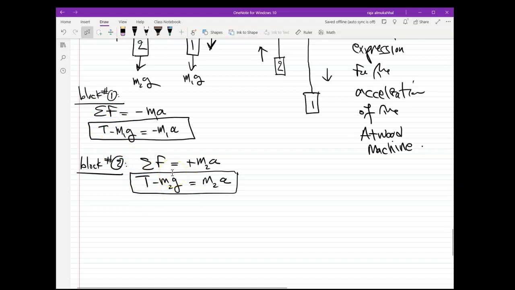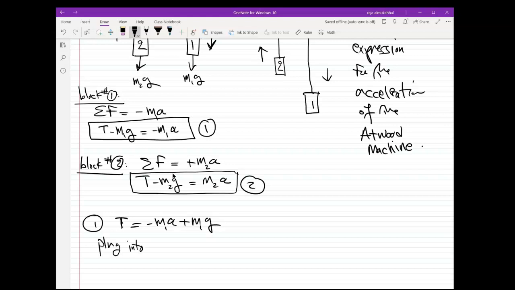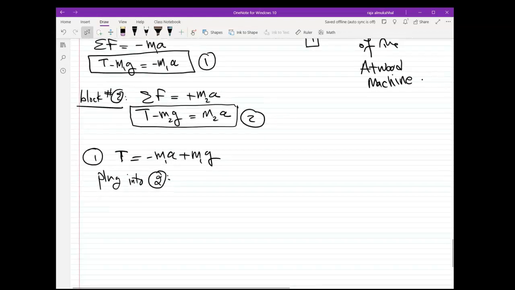In other words, I can start with block number 1. I'm going to call this equation 1 and this is equation 2. So for block number 1, I have here T equals minus m1a plus m1g. Is that okay? And I'm going to take this and plug it into 2, because I want to eliminate the T and collect the a's.